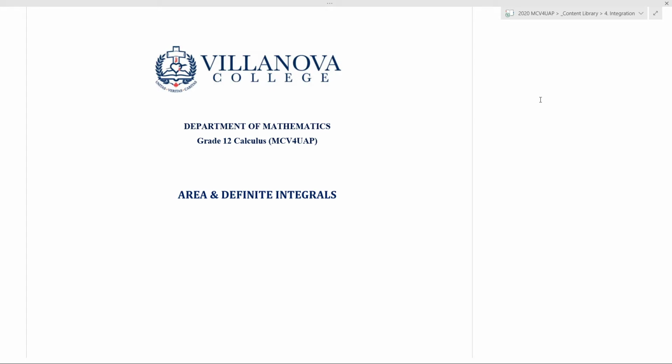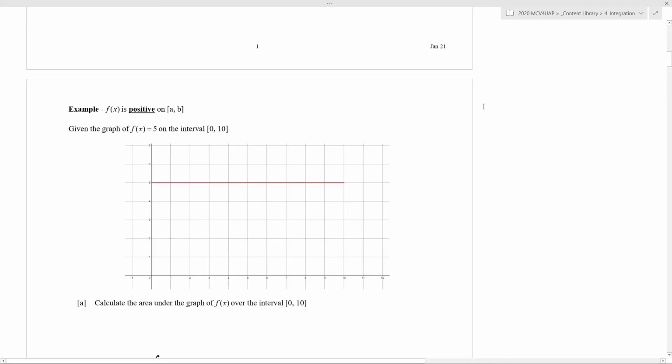So, first example. And it's important to note that in this example, the function f of x is positive on the interval in question. So in this question, we're given this graph, f of x equals 5, and we're interested in that function on the interval from 0 to 10. So you can see from the red line there that the y values of the entire function are positive.